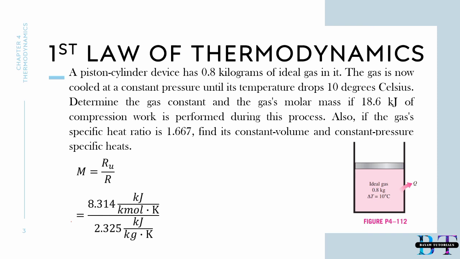Now we'll be using 8.314 kilojoules per kilomole Kelvin, so that we can cancel our kilojoule and our Kelvin. So then we'll be left with kilogram per kilomole at 3.58. And that will be our molar mass.